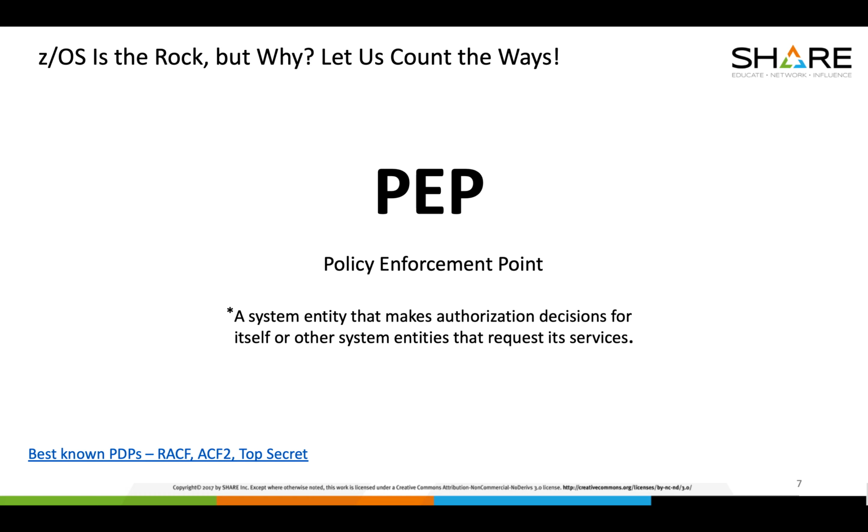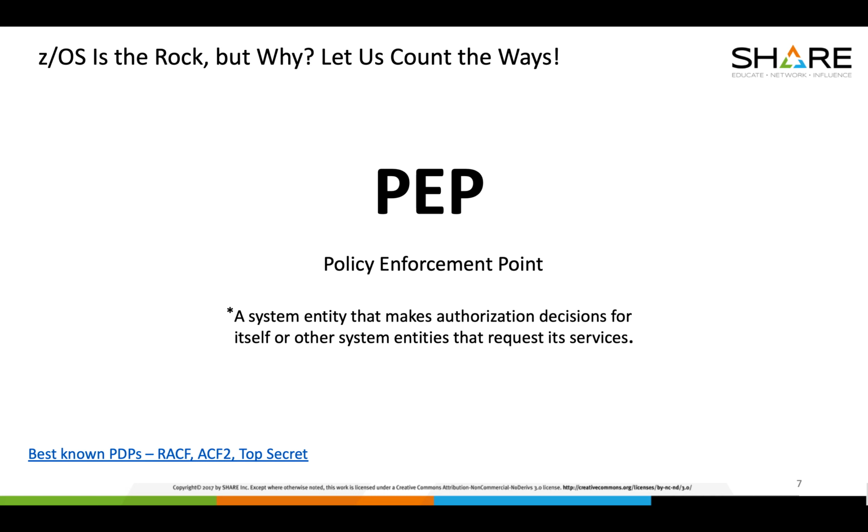SAF is a system process that is called by RACF, ACF2, and Top Secret to enforce its policies. And enforcing those policies is such that it will make right, if you would, what the external security manager requests.